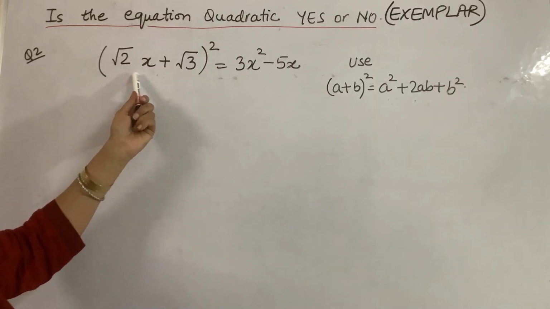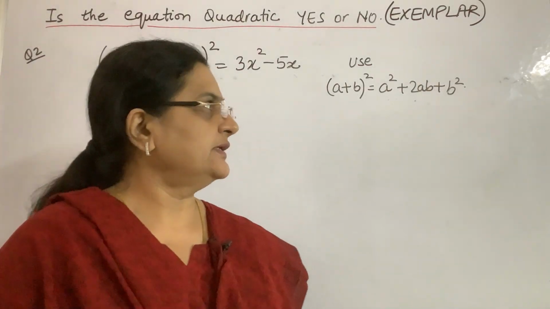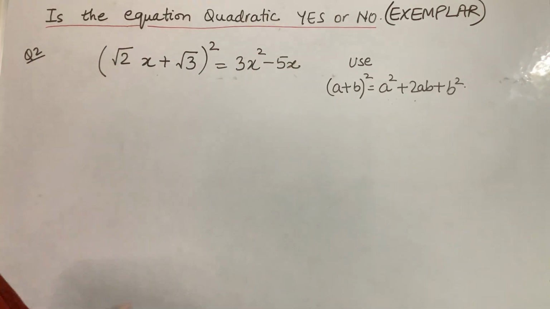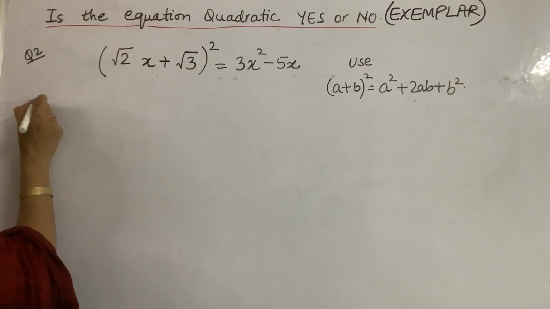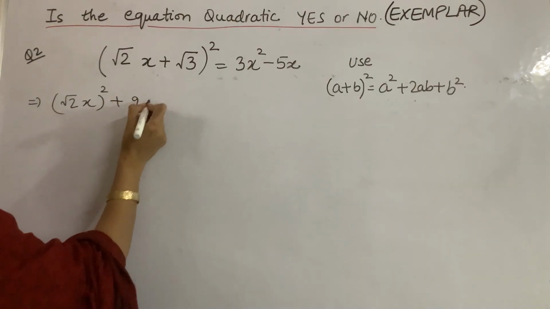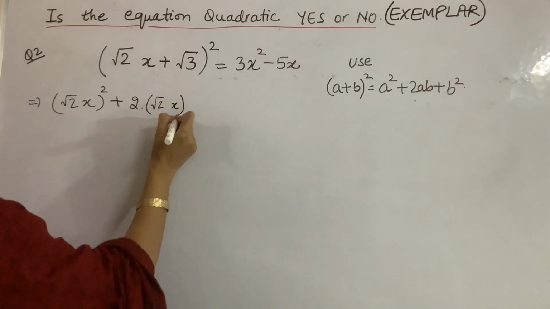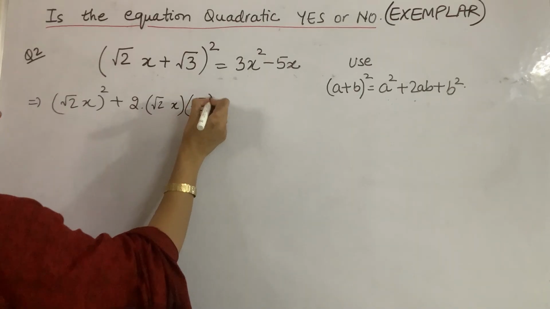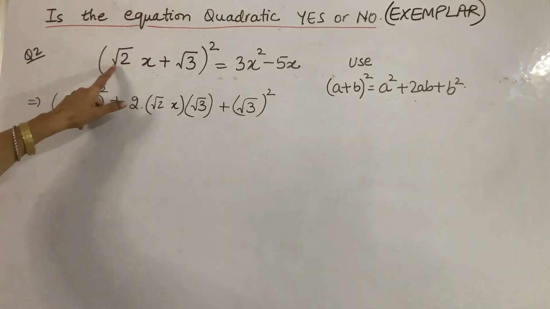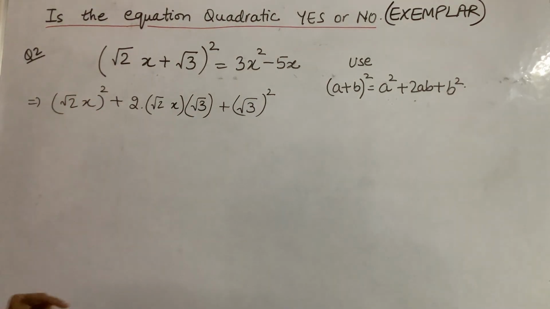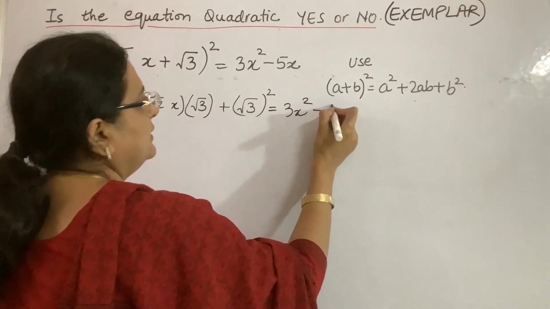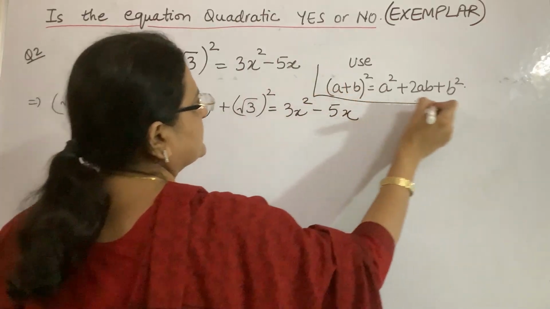So we will expand this using the identity a plus b whole square is equal to a square plus 2ab plus b square. This identity you have already done. So expanding this, what do we get? Square of the first term plus 2 first term into second term plus square of the second term.